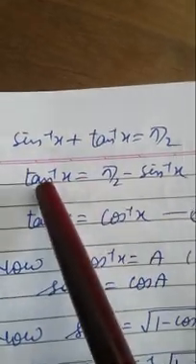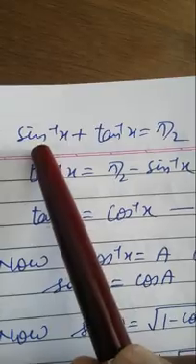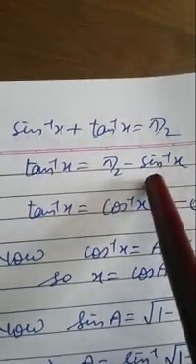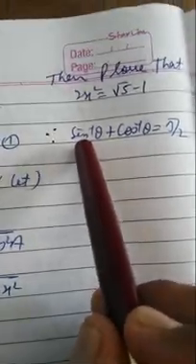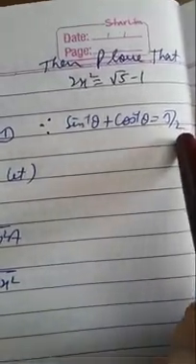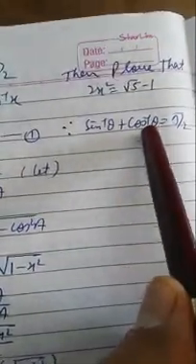Now first, keep tan inverse x on the LHS and transfer the sin inverse x from LHS to RHS. Now we know one formula: sin inverse theta plus cos inverse theta is equal to pi by 2. So in place of sin inverse we can place pi by 2 minus cos inverse theta.